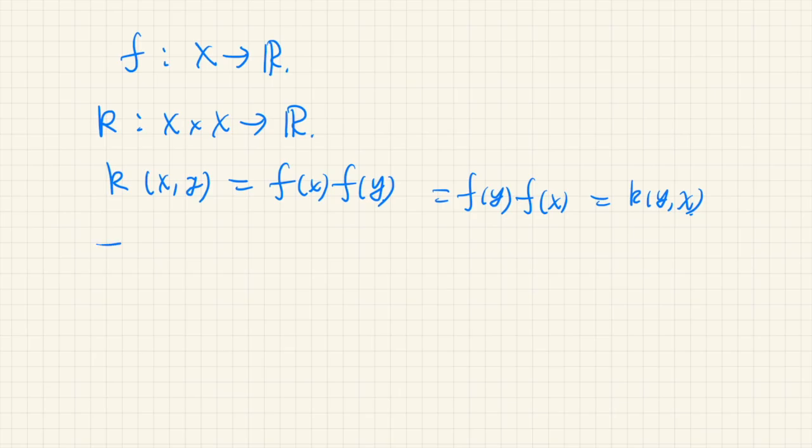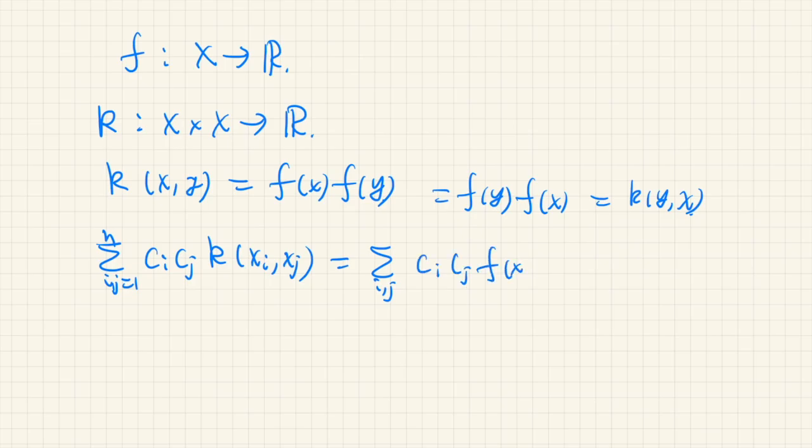To see the positive semi-definiteness, we take this summation over i, j from 1 to n of ci cj k(xi, xj), where ci and cj are any real numbers. By the definition of this function k, this is equal to the sum of ci cj f(xi) f(xj).